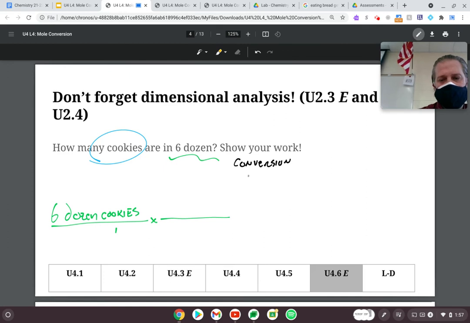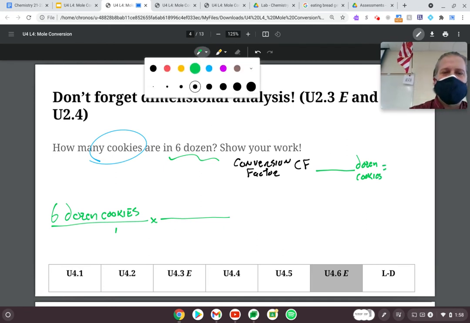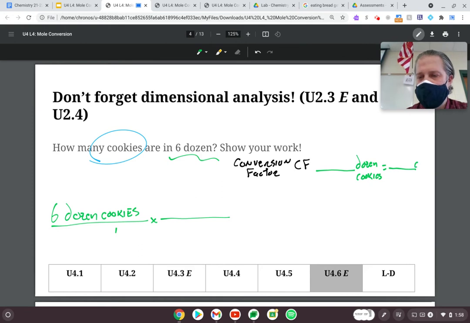Can't you just do 6 dozen? Which sometimes we label as CF, and you would say something like dozen cookies equals cookies.